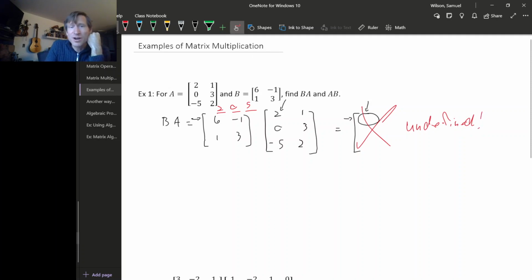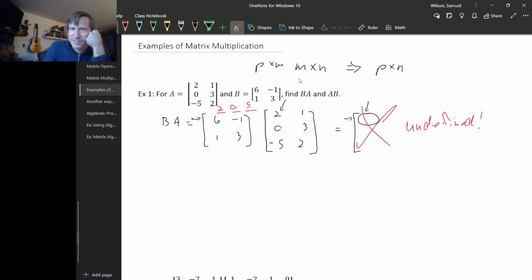And this makes sense for a couple reasons. So first of all, when we first defined what we meant by matrix multiplication, we had an m by n matrix, we multiplied that by a p by n matrix, and what we got was a p by n matrix.